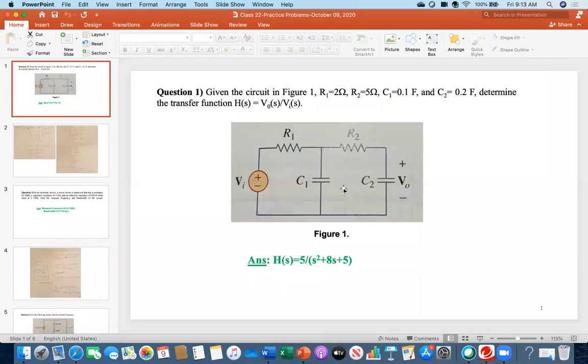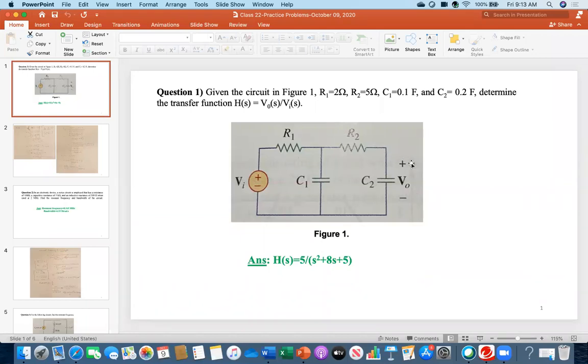The first problem, everybody see, this is the circuit. Given the circuit in figure 1, R1 value is 2 ohm, R2 is 5 ohm, C1 is 0.1 farad, and C2 is 0.2 farad. Based on these given parameters, determine the transfer function H(s), V naught over Vi.